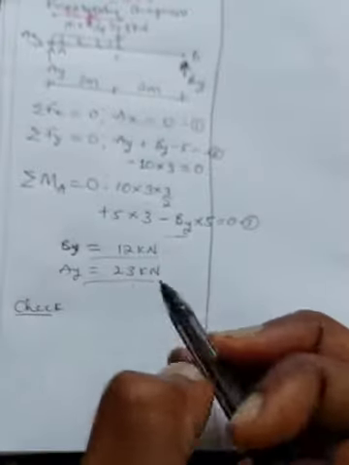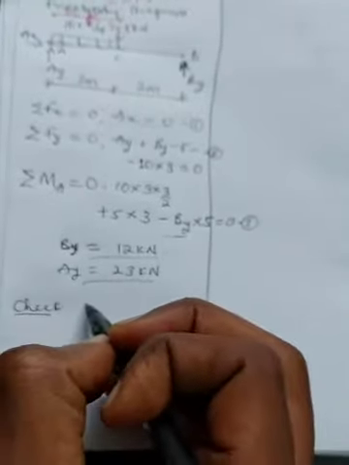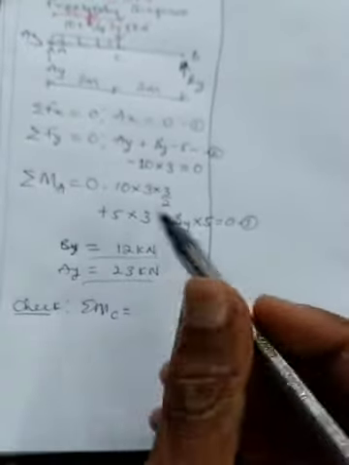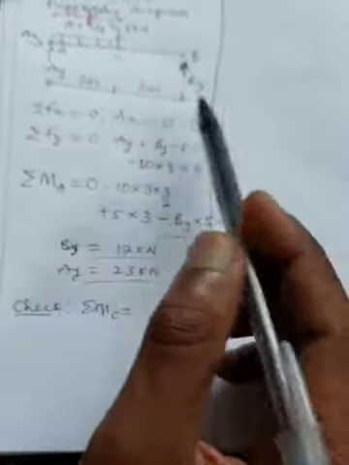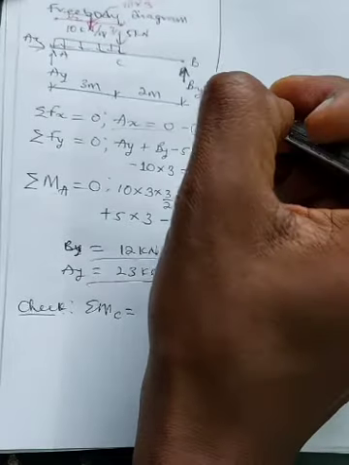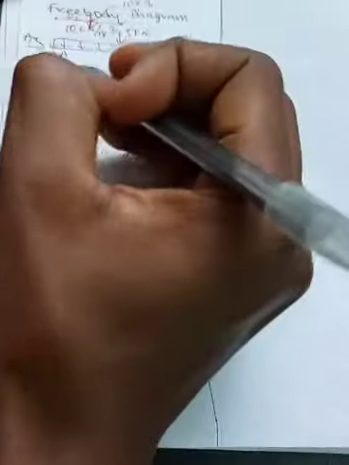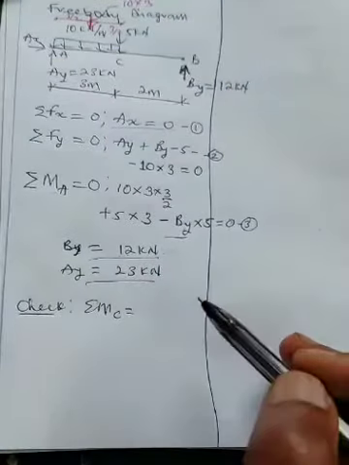So let's check. We'll pick moments about a point, let's say point C. About point C, first of all, we'll have these forces to the right. So By equals 12 kilonewtons, Ay equals 23.